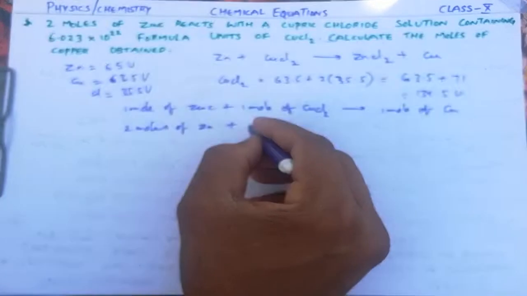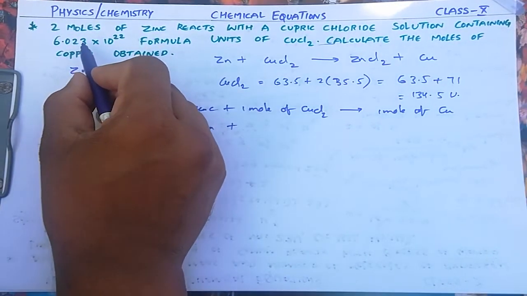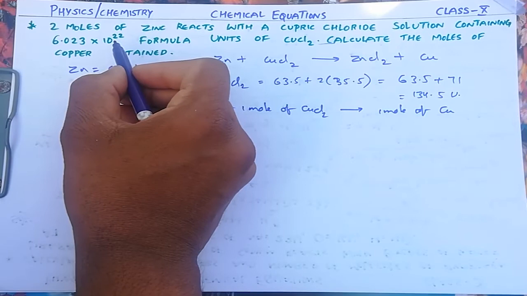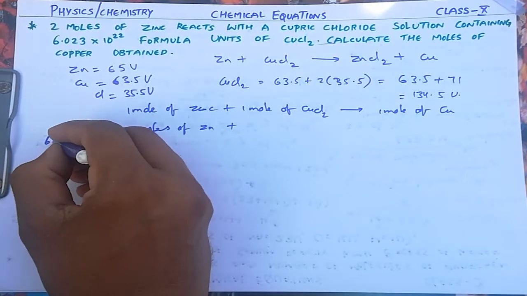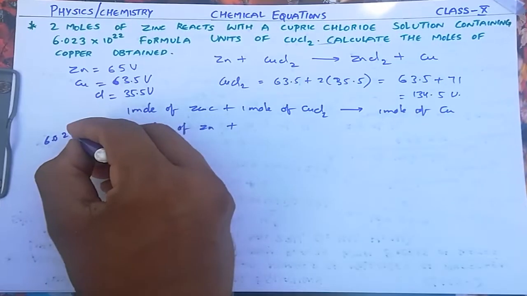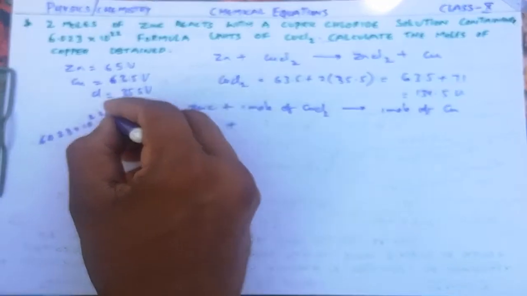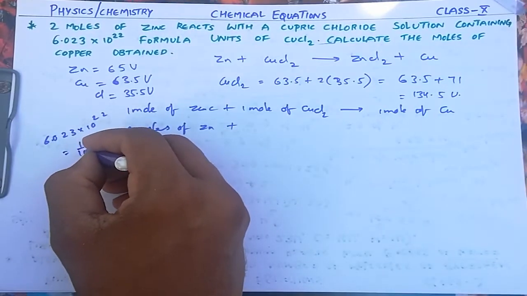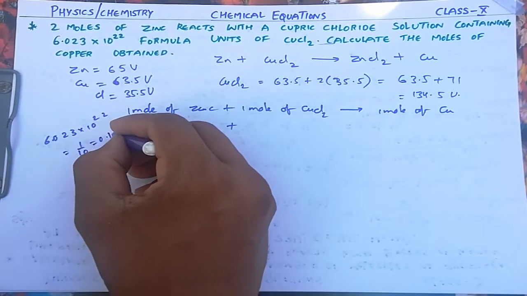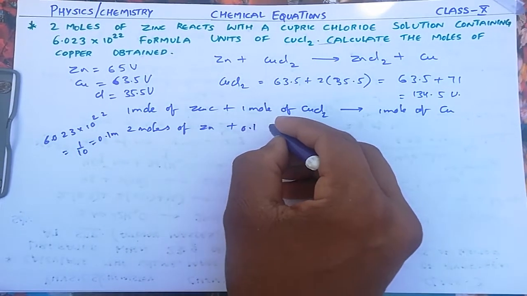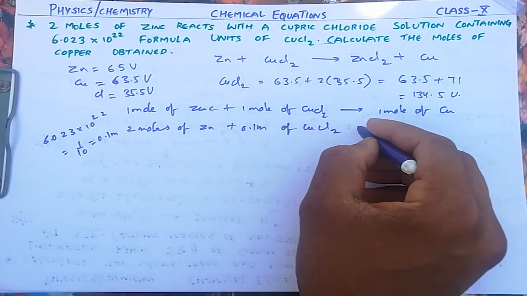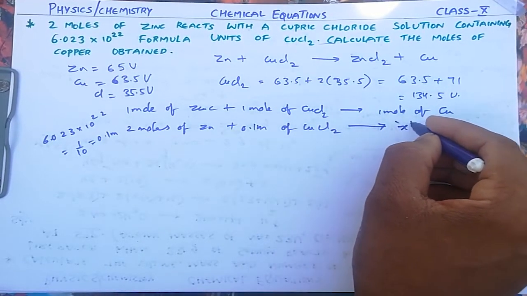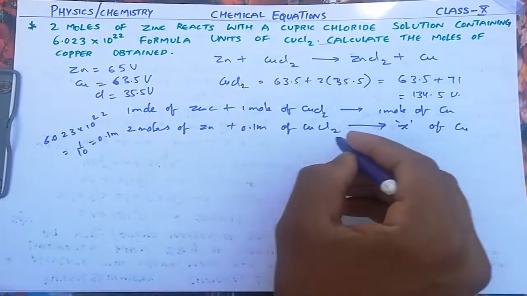2 moles of zinc plus 6.023 into 10 to the power of 23 is 1 mole. So here he is asking 6.023 into 10 to the power of 22, that is 1 by 10th mole, that is 0.1 mole. So 0.1 mole of CuCl2 gives rise to how many moles of copper?